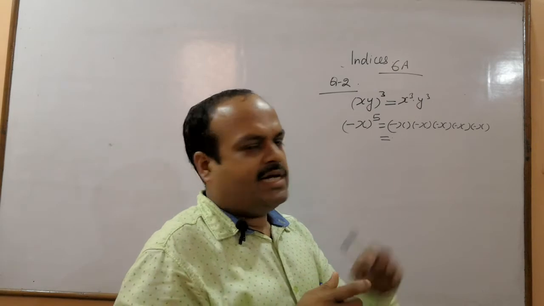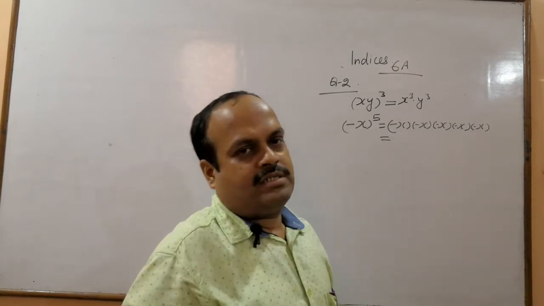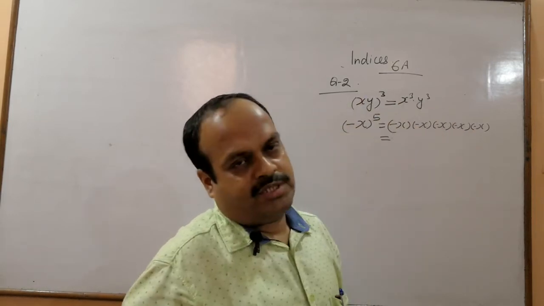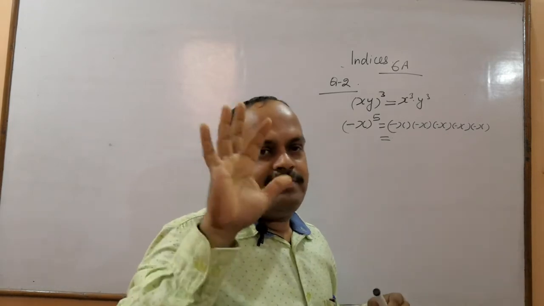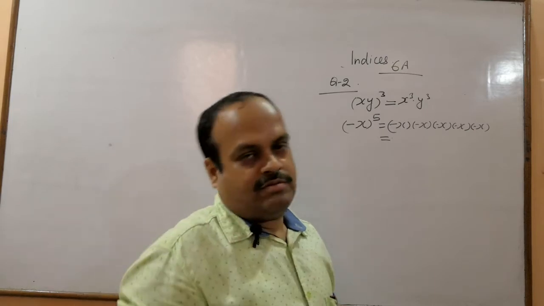You know that when negative numbers are multiplied, the sign of the product depends on the number of negative terms. 1, 2, 3, 4, 5. Since we have 5 negative terms in this product, the result will be negative.